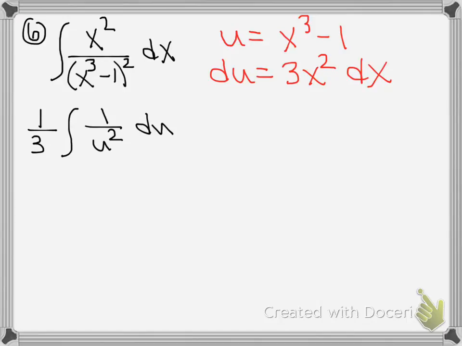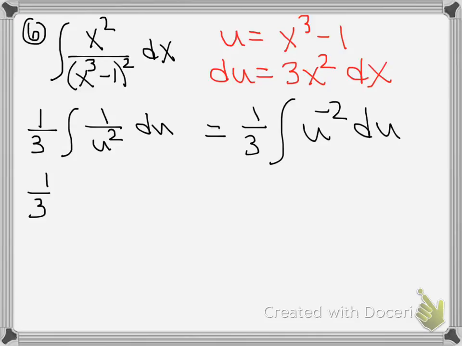It's going to take a lot of practice, and that's okay. So then from here, we get 1/3, and now if you need to, you can rewrite this as 1/3 the integral of u to the negative 2 du.